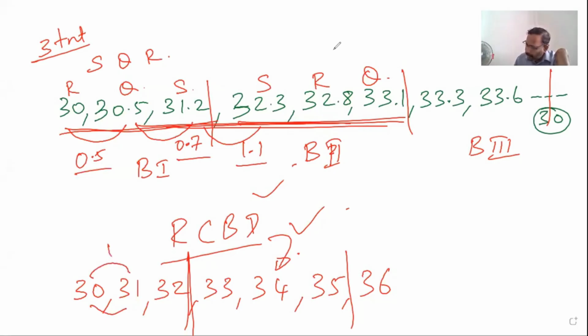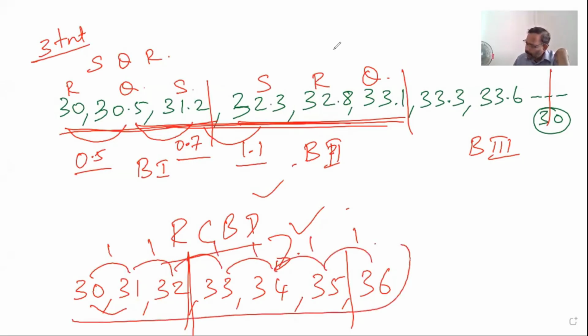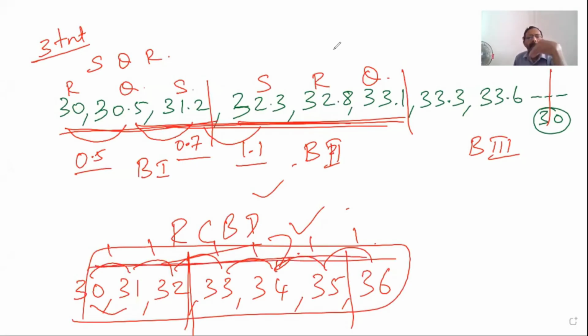Let's say this difference is 1, this difference is 1, this difference is 1. This difference is 1, this difference is 1, this difference is 1. So in this case, applying RCBD is okay, no problem. Right? Because this is a very uniform value of differences.